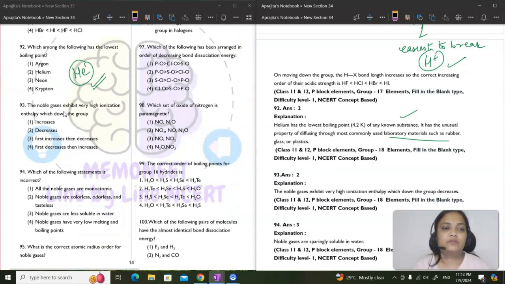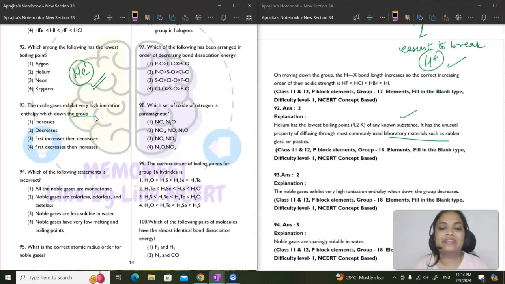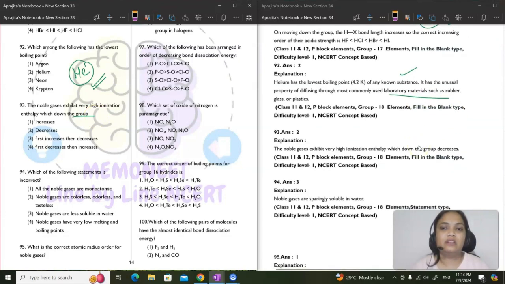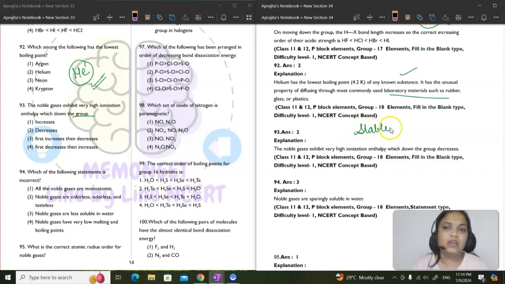Okay, next question. The noble gas exhibits very high ionization enthalpy, which down the group increases, decreases, first increases then decreases, or first decreases then increases. Now the ionization enthalpy for noble gases is very high because they are already stable. Why? They have a complete octet, right? So they are pretty stable, and a lot of energy is required to remove the electron from the outermost shell.